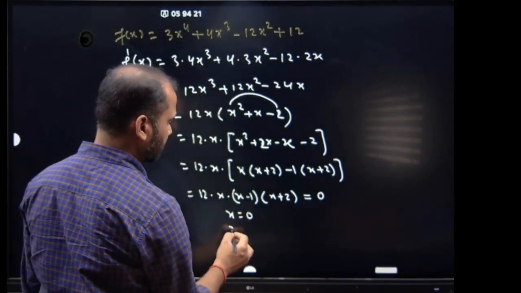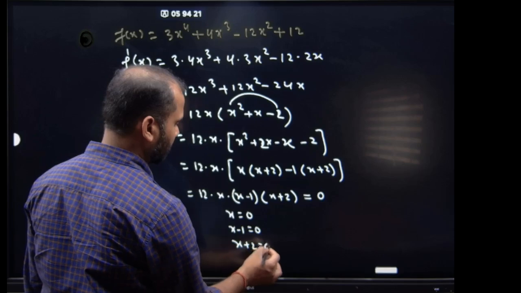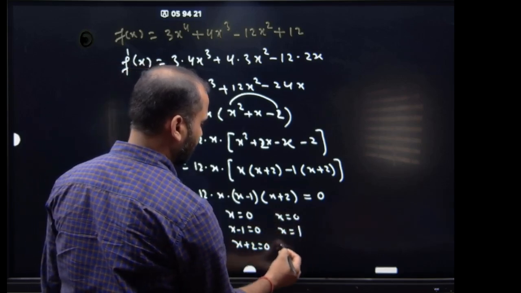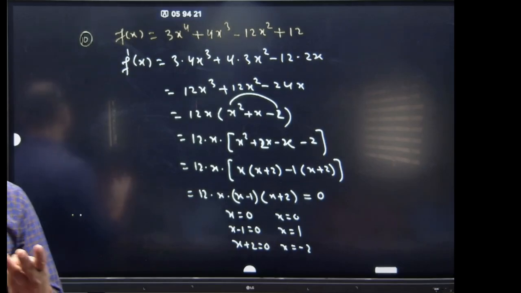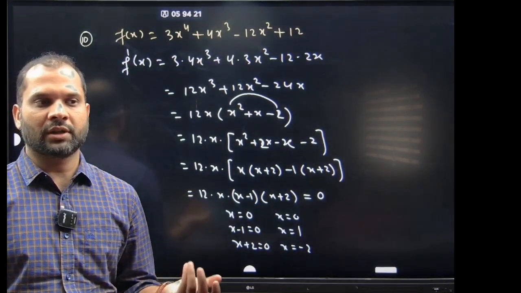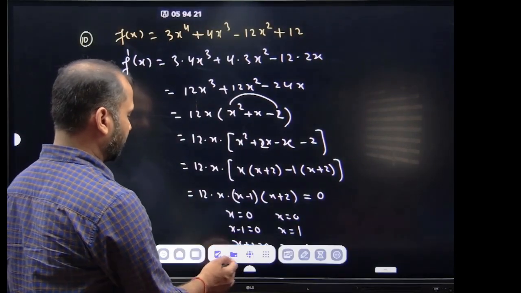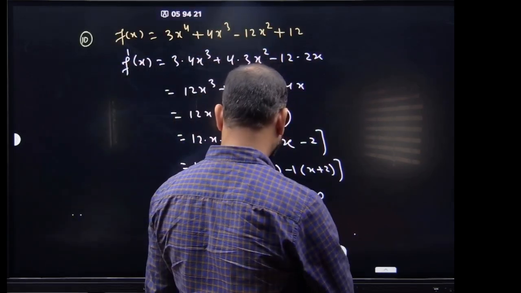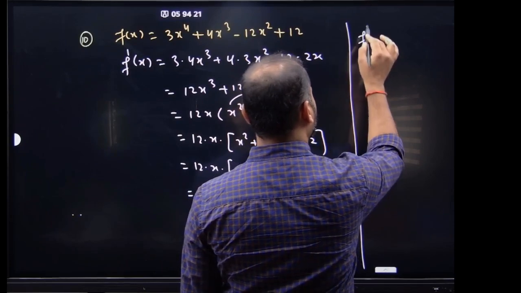X is equal to 0, x minus 1 is equal to 0 and x plus 2 is equal to 0, correct? So, x will be 0, x is equal to 1 and x is equal to minus 2. How many critical points do you have? 3. Now, you can't judge which one is maxima, which one is minima. Who will tell me how to solve then maxima minima? How to solve? Yes, double differentiation you do. So, f double dash x I will calculate.